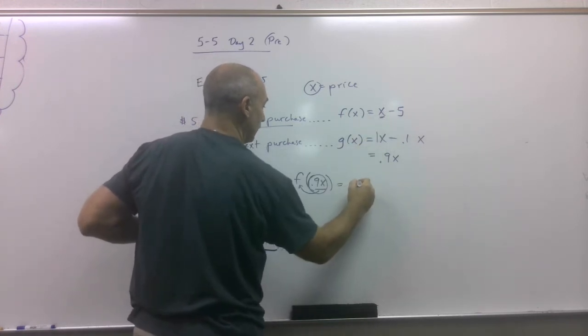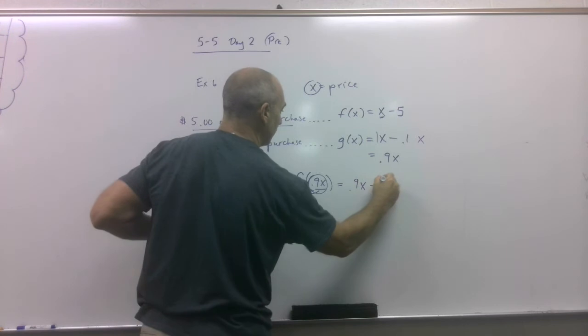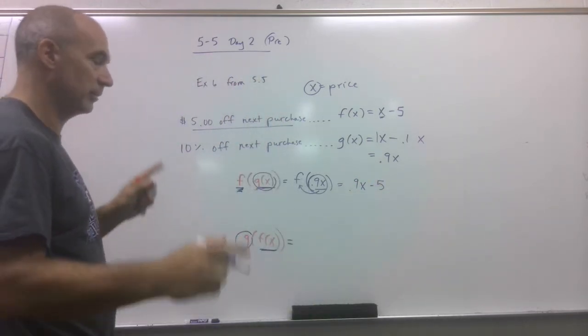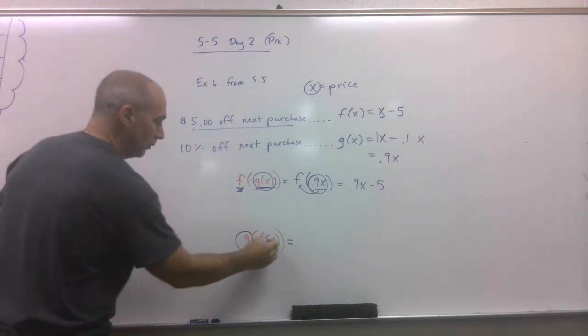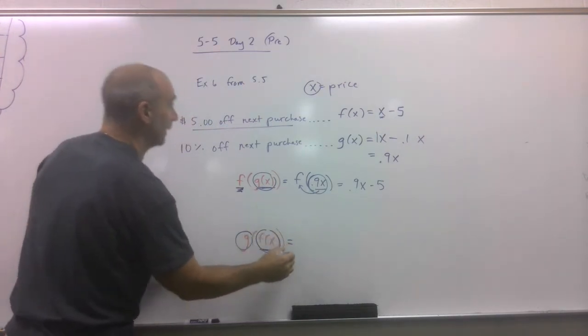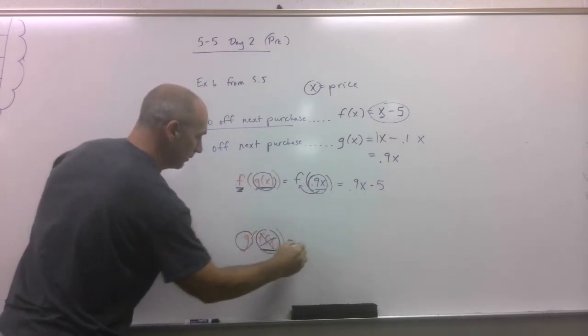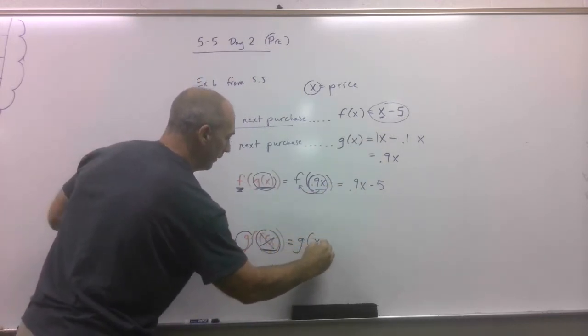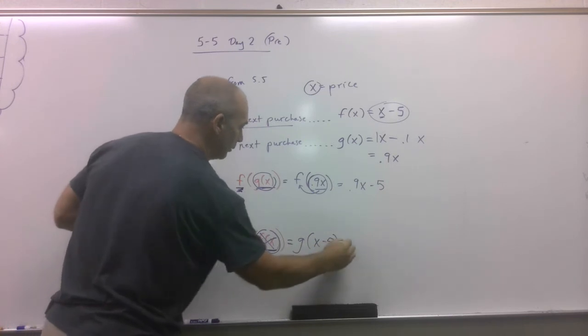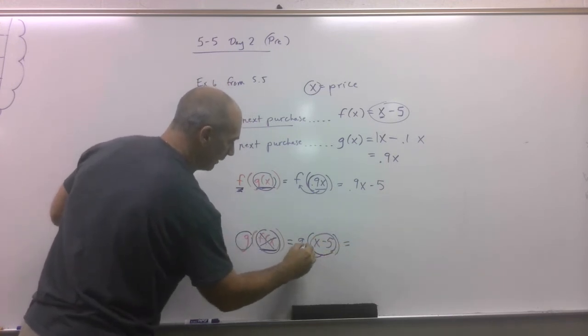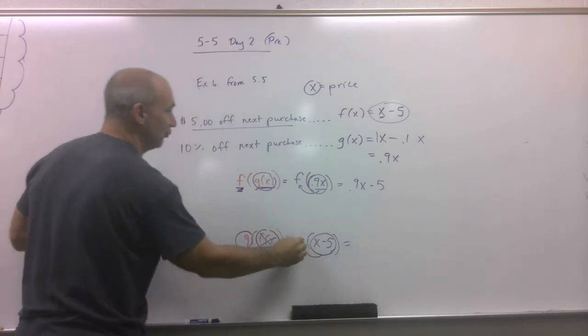So 0.9x minus 5. It doesn't look like much of an answer. Like, how am I supposed to answer this? Hold your hats. What's f of x? So I've got to take f of x, which is x minus 5, and put it in there. So I get g of x minus 5. What do I do with that? I take all of this, and I put it in wherever x shows up into the equation defined by g.